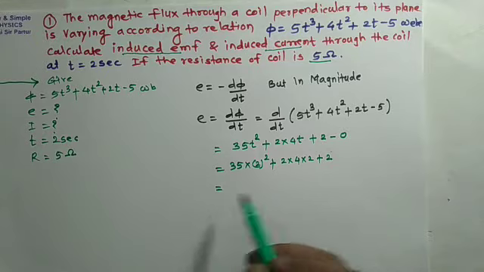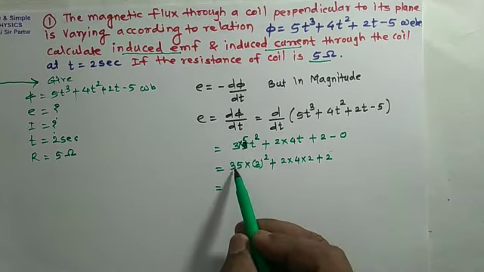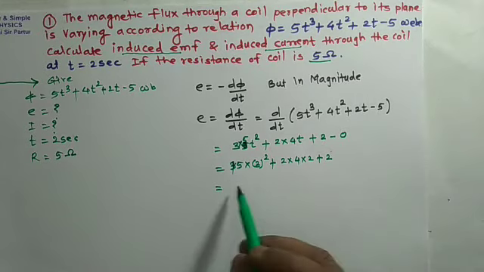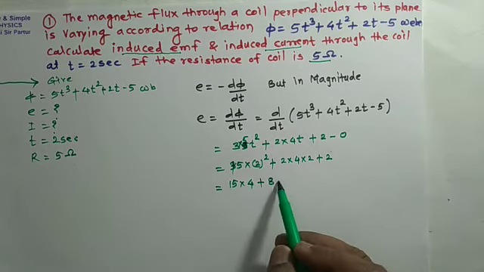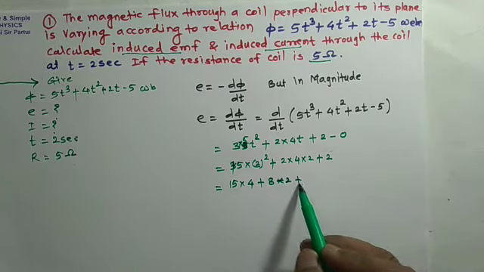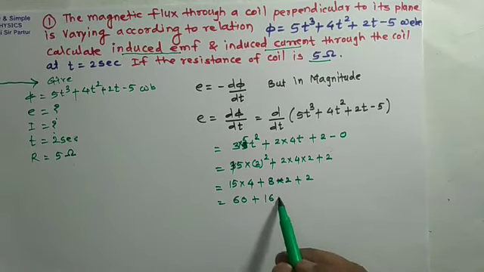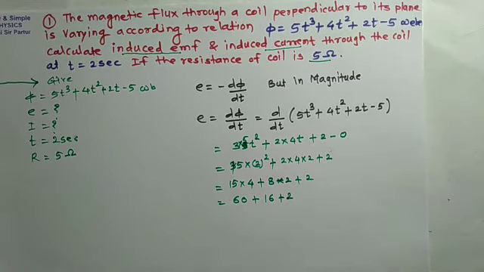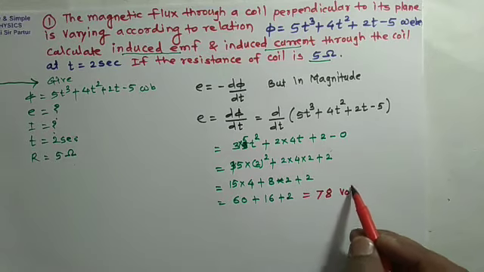That is, see here, not 35, it is 3 into 5, 15. So 15 multiplied by 4 plus 8 into 2 plus 2, that is 60 plus 16 plus 2 will be 76 plus 2, that is 78 volt.